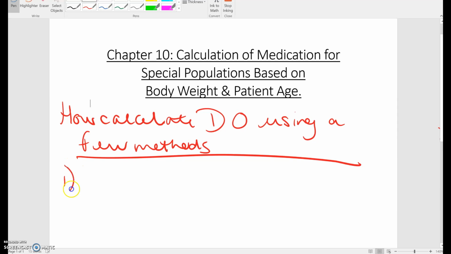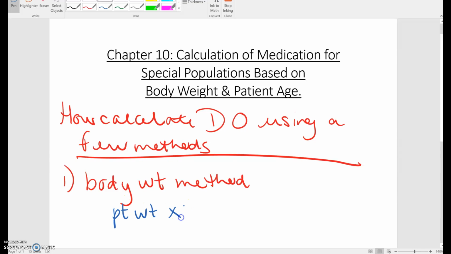One method is the body weight method, where you basically take the patient's weight and multiply it by the weight of medication per units of weight.